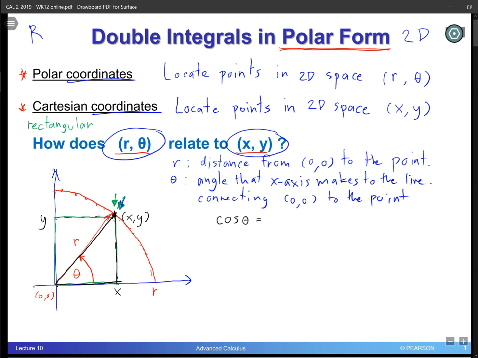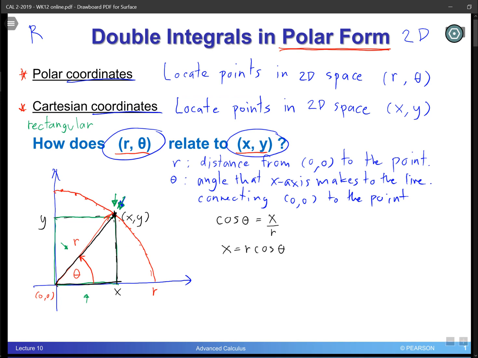So this triangle, and I want to find cosine theta. So cosine theta is the closed side divided by the hypotenuse side. So we have right here x over r. Alright, and I'm going to move things around a little bit. So we have this x equal to r cosine theta.